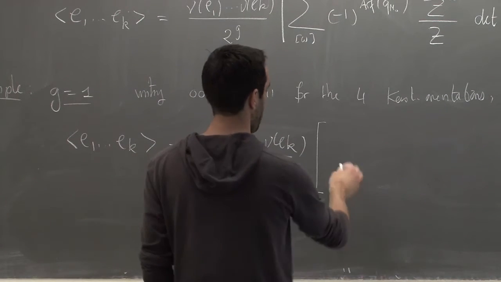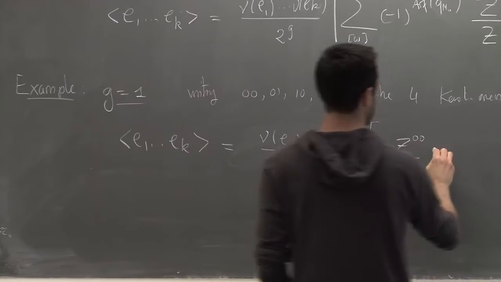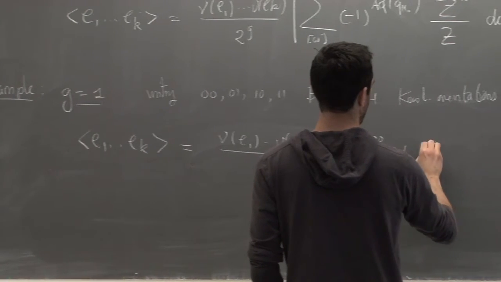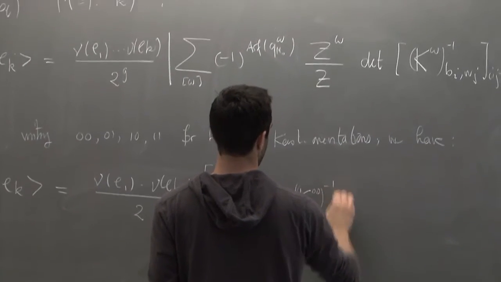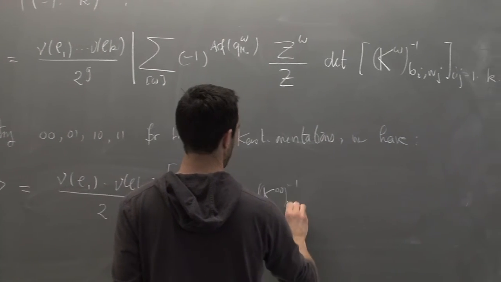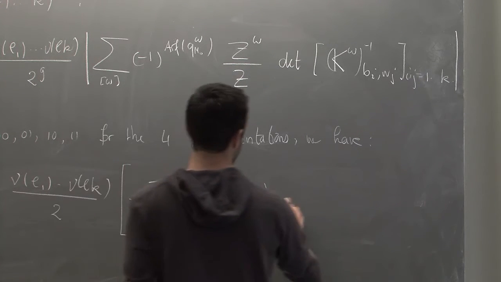So I have this over 2. And then what do I have? I have a minus Z_{0,0} over Z. So that's the determinant of K_{0,0} inverse of b_i w_j. And then plus the 3 others.